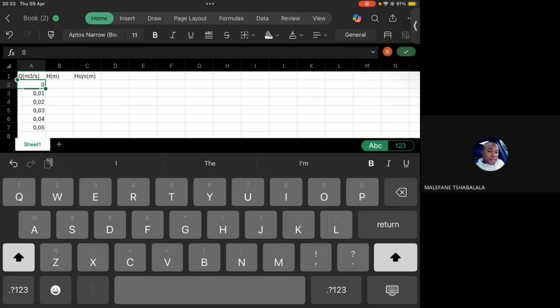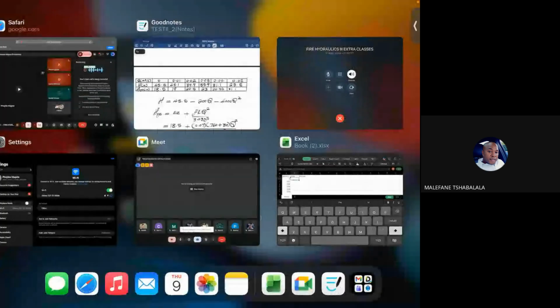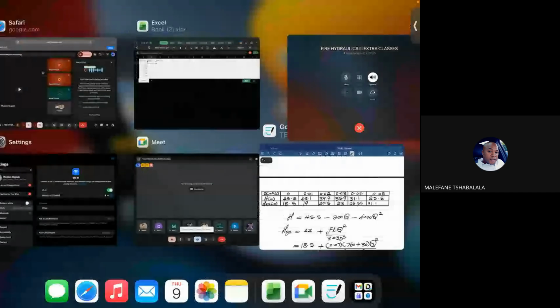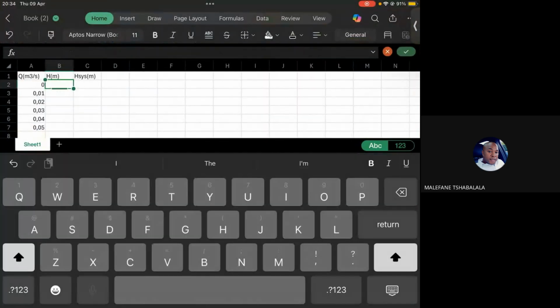Now, let's enter the readings of the characteristic curve. They are as follows: 45.5, followed by 43.1.